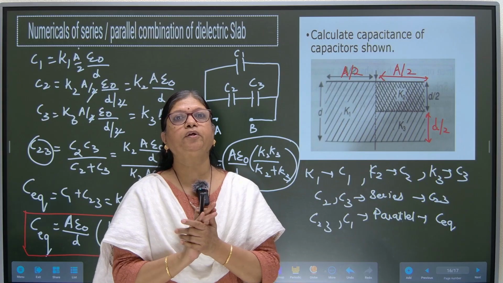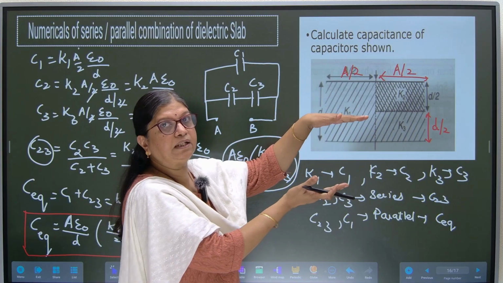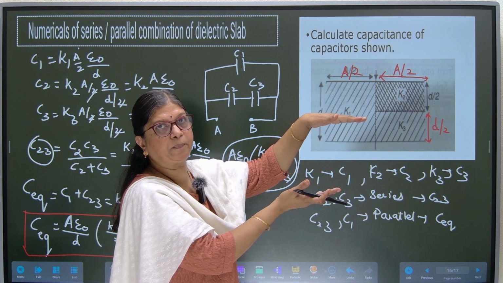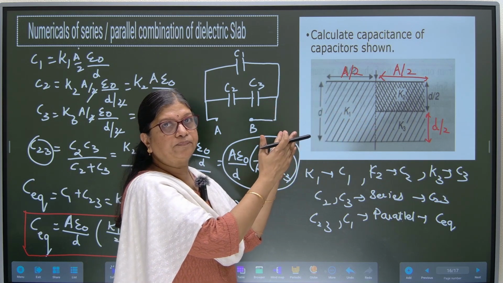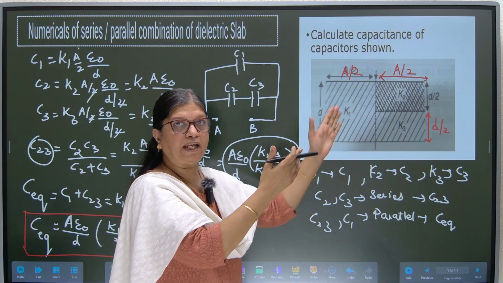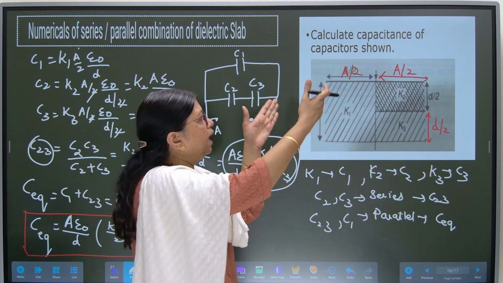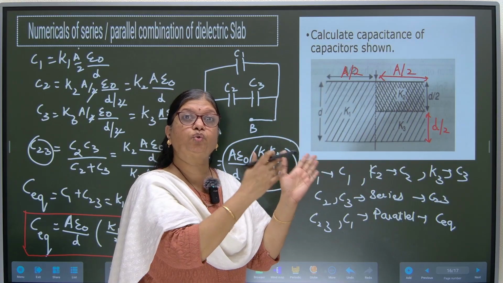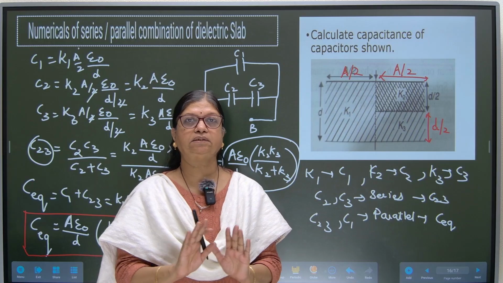So I hope you have understood this concept. K2 and K3 are parallel to the plate, so they are in series. K1 and K2, K3 in combined form are perpendicular to the plate. So that combination is in parallel. That's it.